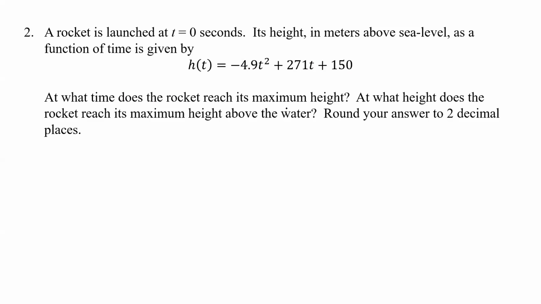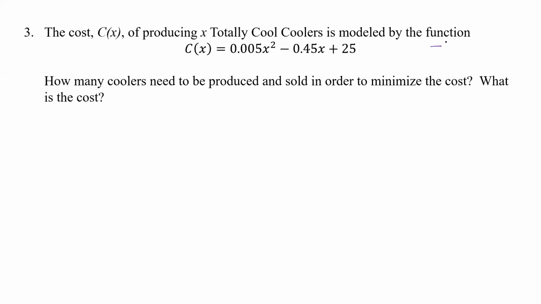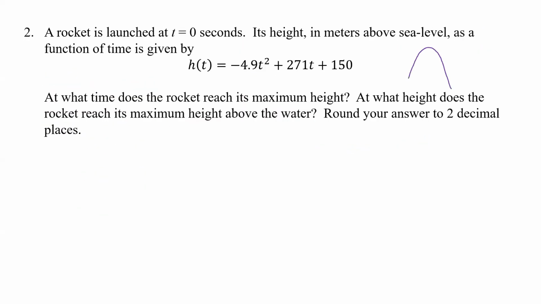Now, at what time does the rocket reach its maximum height? Because if you think about it, a rocket's going to go up, and then it's going to come back down, which is what we expect, because this is going to be a max value, because a is going to be less than 0.